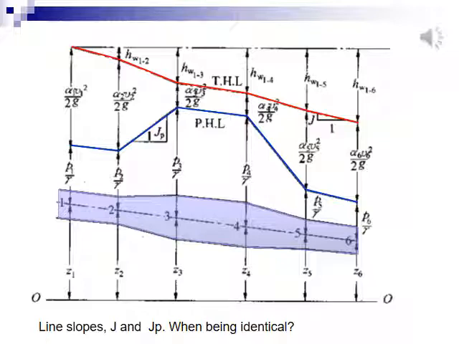You are supposed to be able to draw such head lines independently and answer correctly some questions, such as: Number 1, what's the flow direction? Number 2, why are the energy slopes different? Where does the smallest J happen? Why there?